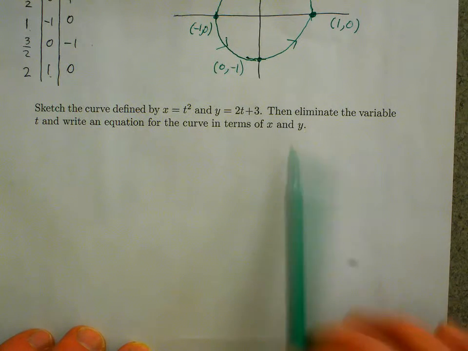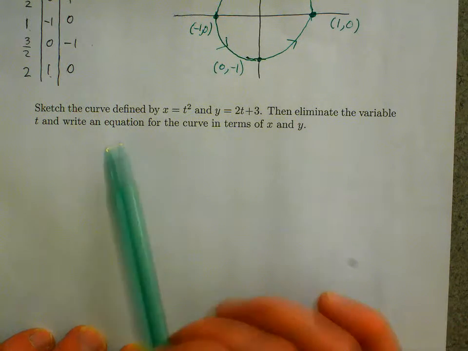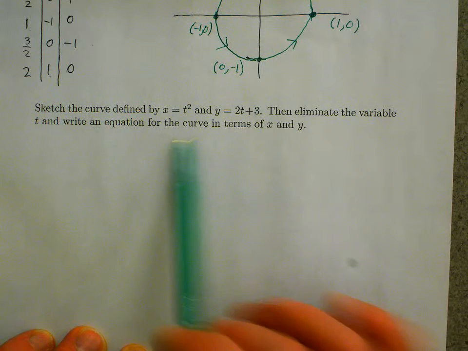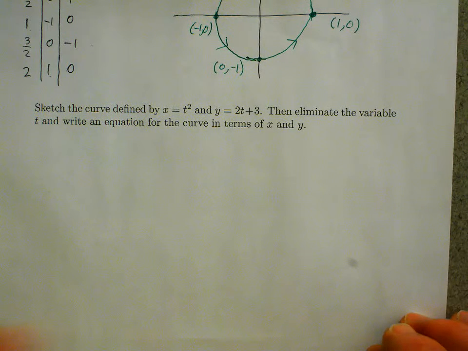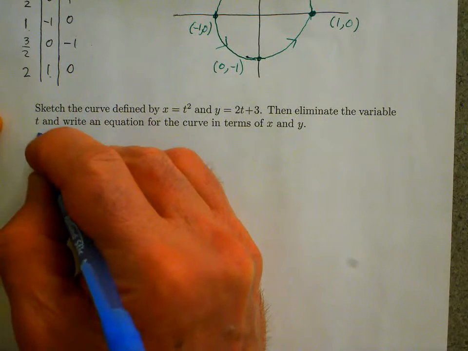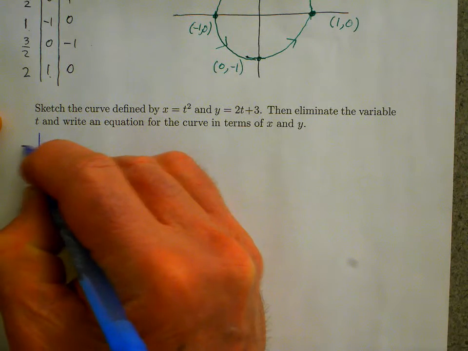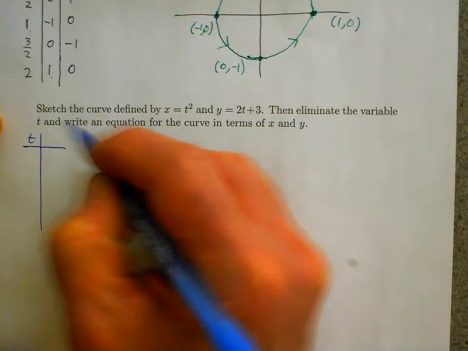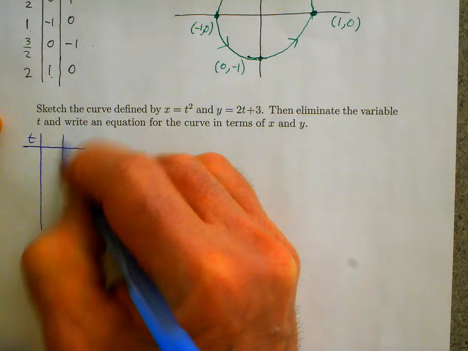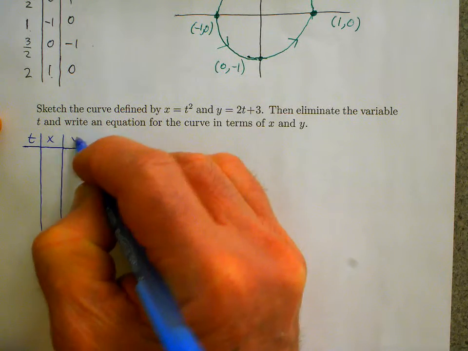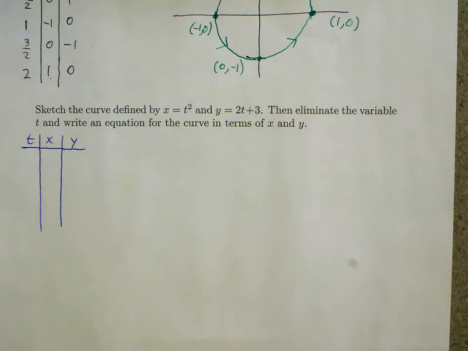Then after that, we'll eliminate the variable t and write an equation for the curve in terms of x and y. But first, pick some t values and then find the corresponding x and y coordinates.